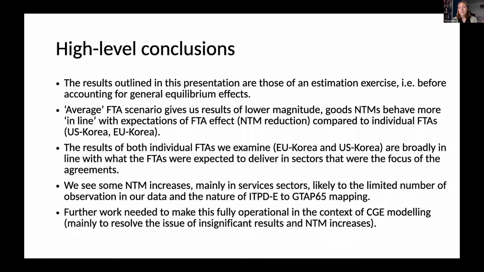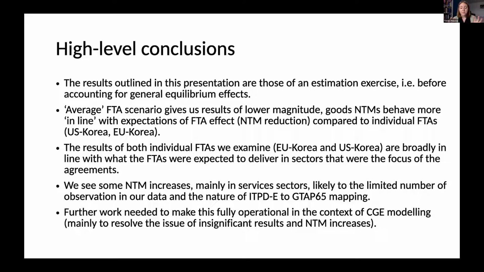We do find that in some services sectors, there are some NTM increases, which I will get into in more detail later on, but this is probably due to a quirk of the ITPD to GTAP 65 mapping, which we had to do using our data set. So I probably wouldn't read into this as a trend. This is more of a concordance issue.